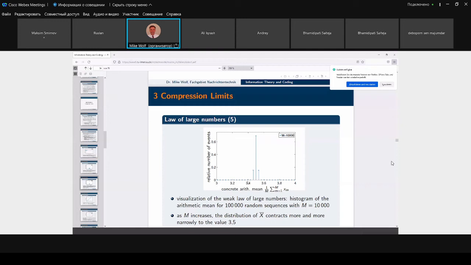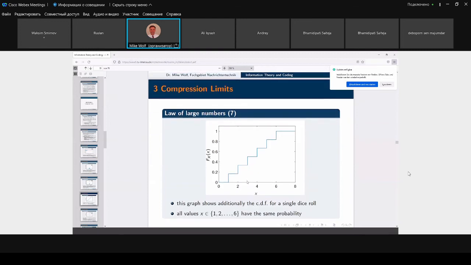And this can be proven to be a law by means of the variance, because the variance of our arithmetic mean becomes lower and lower if we increase this m. You can see this even from the statistics. I've shown here the cumulative distribution function of a dice throw: you have the results 1, 2, 3, 4, 5, 6, and the probability of a value lower or equal than 6 is 1, and so on.